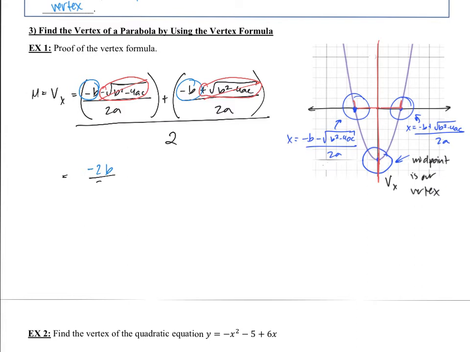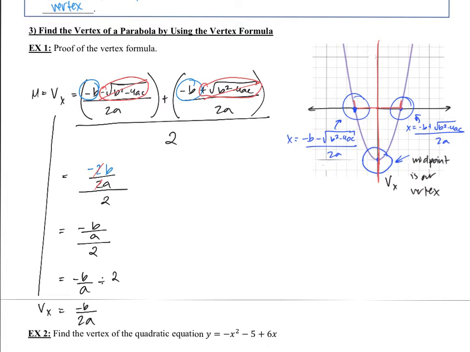Then we're left with the over 2a divided by that 2 on the bottom. Well, we can cancel those 2's, and we're left with negative b over a divided by 2. That is negative b divided by a divided by 2, which is negative b over 2a. And there we have the formula for the x value of the vertex.